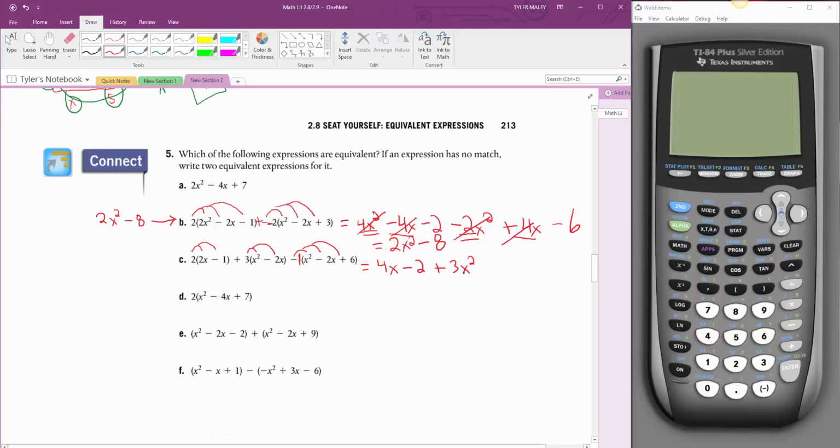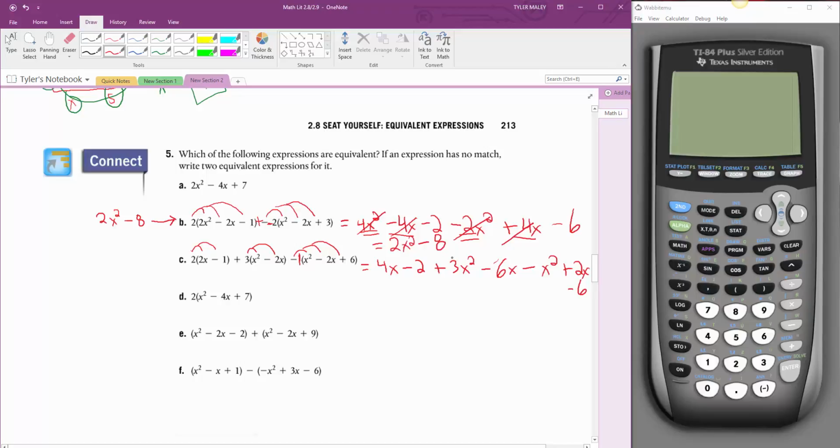And then 3 times negative 2x is minus 6x. Oops, let me rewrite that. So now I need to distribute the negative 1 through, so I would get minus x squared plus 2x minus 6.